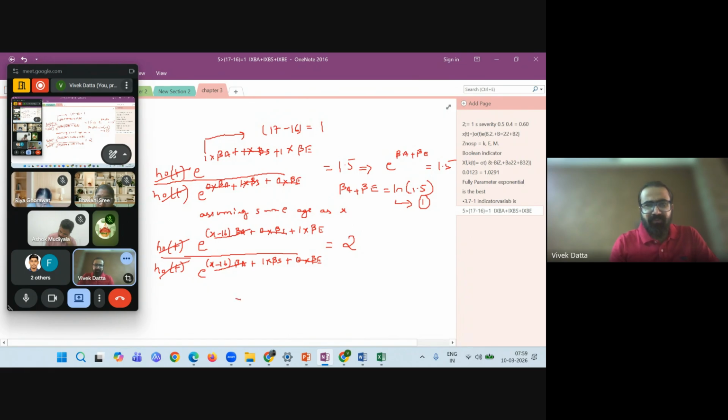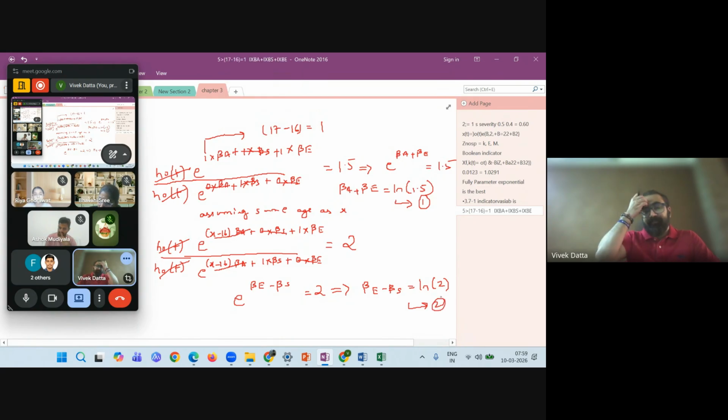E raised to beta e minus beta s is equal to 2, which implies that beta e minus beta s is equal to ln of 2. This is my second equation. Got it?